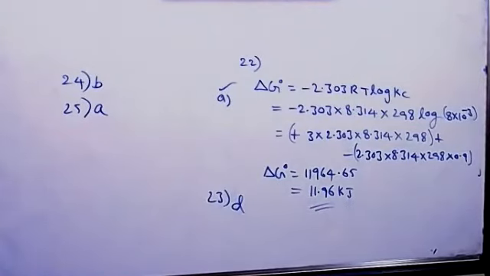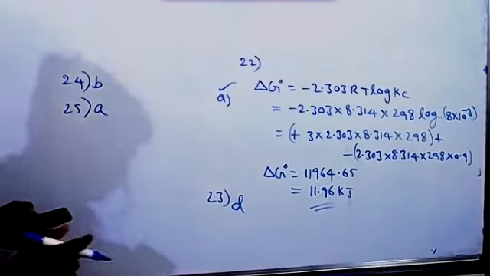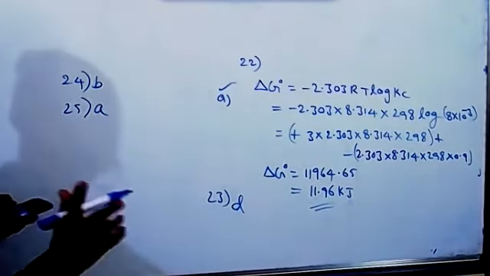For the thermochemical equation 2H2 plus O2 gives 2H2O, delta H is minus 571.6 kilojoules. Heat of decomposition of water is, okay. First, that equation is the formation of water, but actually the value for 2 water molecules is given.